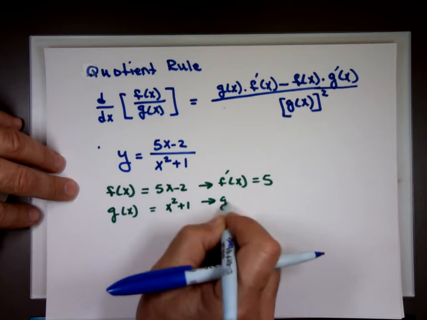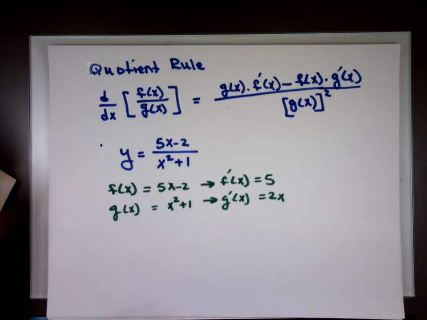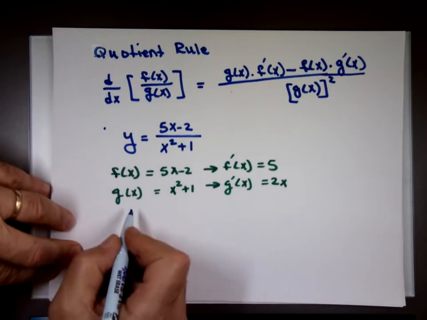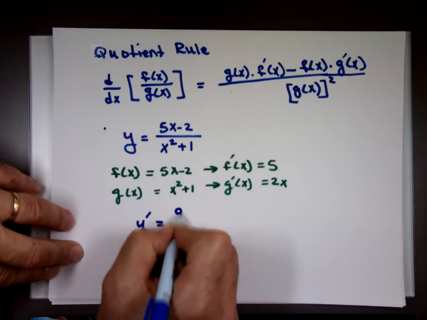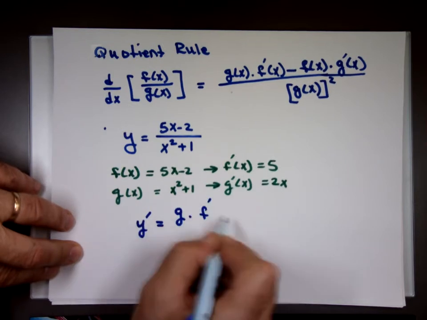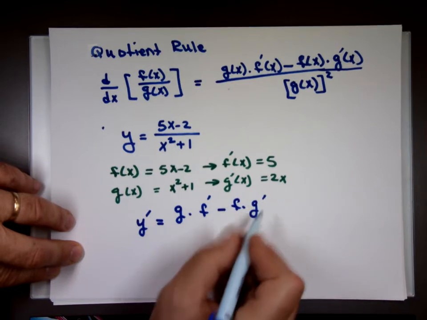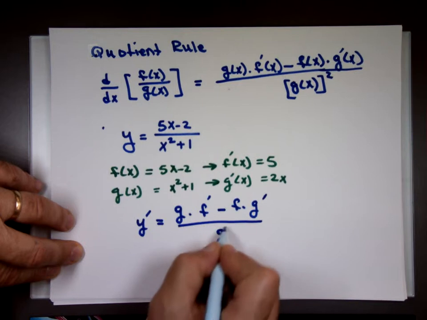The derivative of that is what? 2x. Again, what's y prime, or the derivative? It's g times, I'm getting lazy now, f prime minus f times g prime. I think you get the idea. Over g squared.